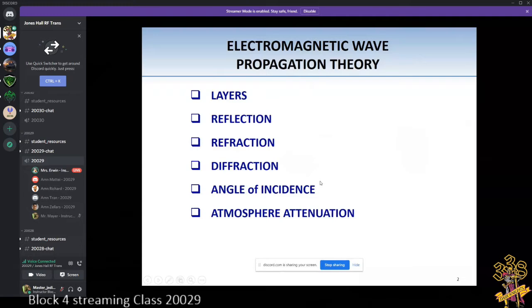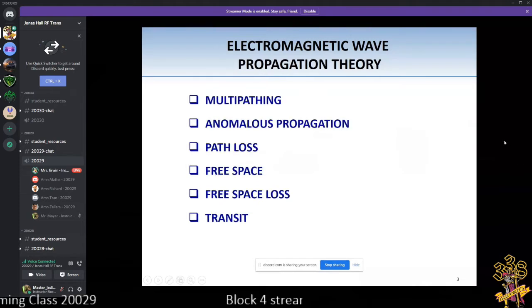Just discussed that with your near vertical incident. That's what it's talking about, is the angle of incidence. Atmosphere attenuation, multipathing, anomalous propagation, path loss, free space loss, and then we'll just briefly look at a transit.